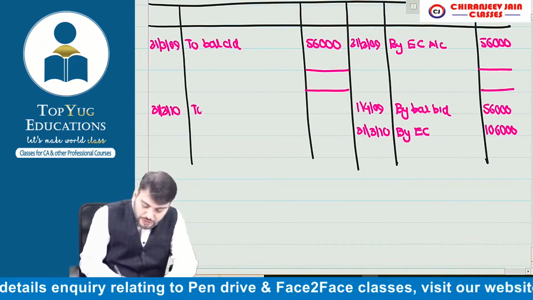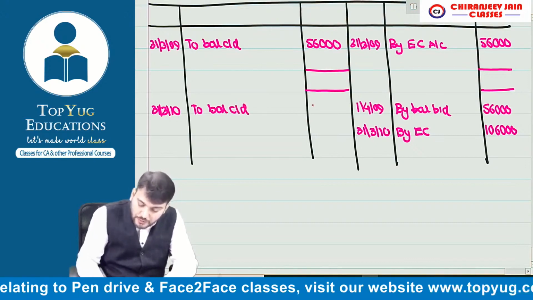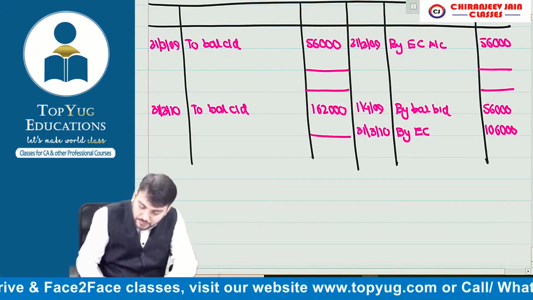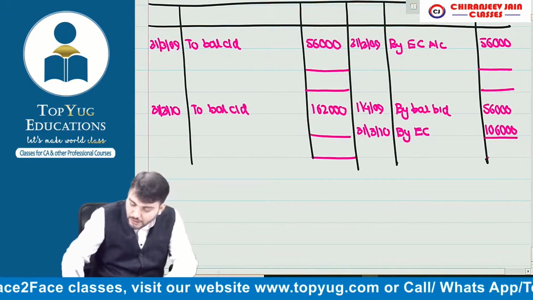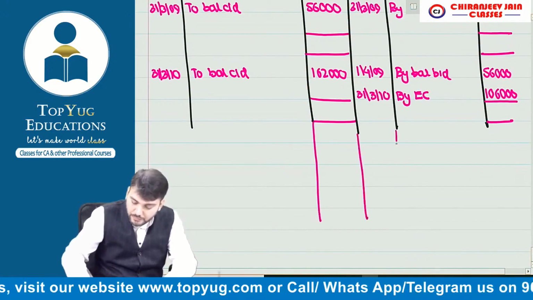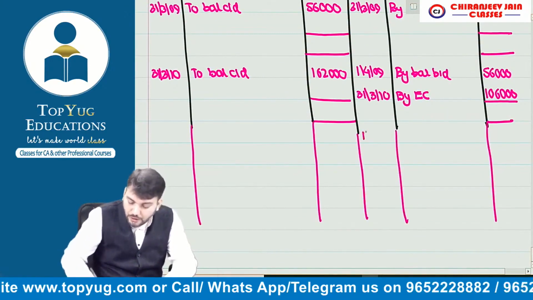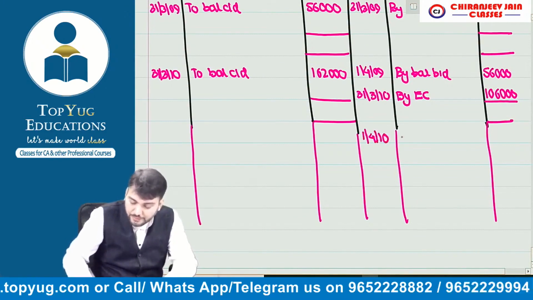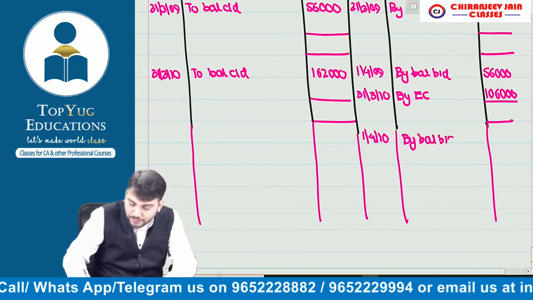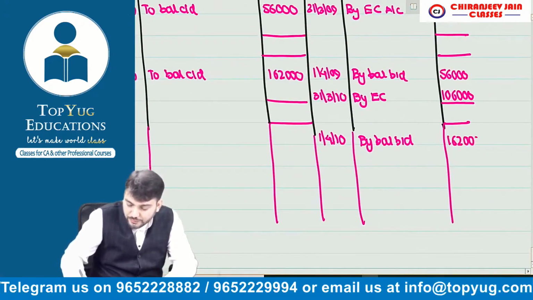On 31st March 2010, to balance carried down, it will be 1,62,000. टोटल भी कर देना एग्जाम में. Then on 1/4/2010, by balance brought down, 1,62,000.